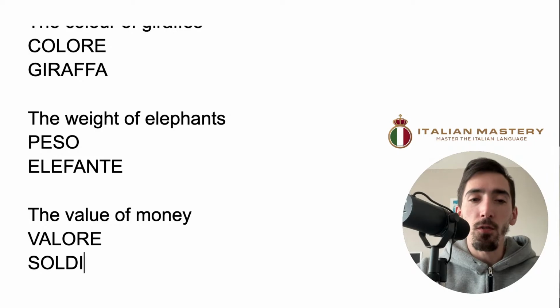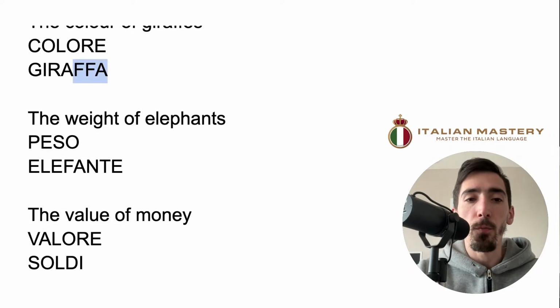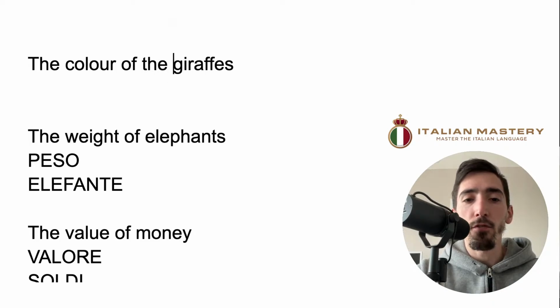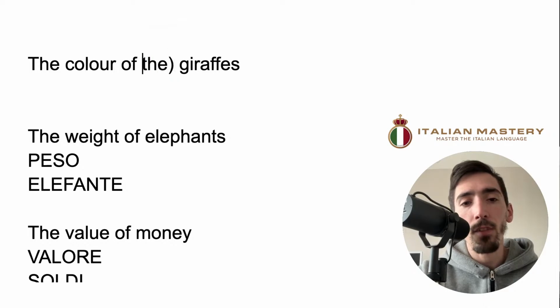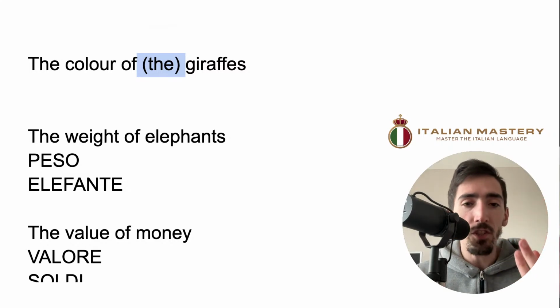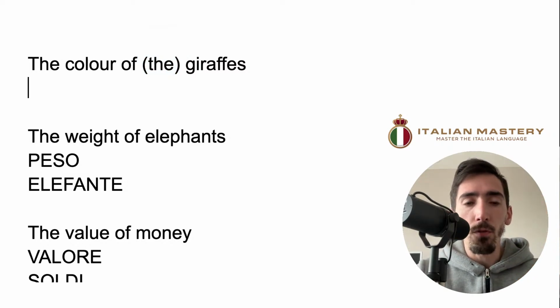All right, so let's quickly translate. The color of the giraffes. Bear in mind that in Italian, you almost always use the definite article. It's very rare that you don't have the definite article between a preposition and the noun, which is the reason why there is such a thing as complex prepositions.